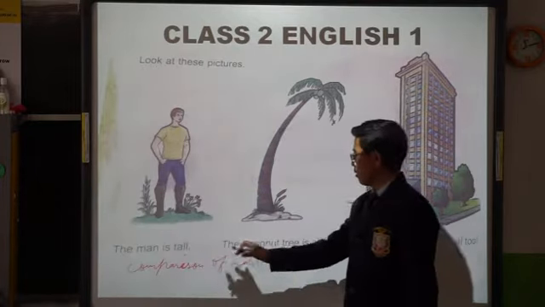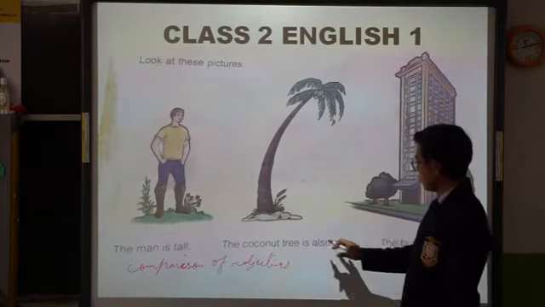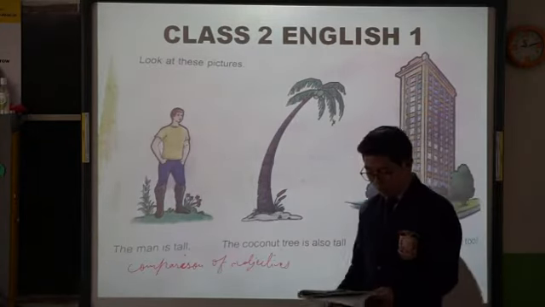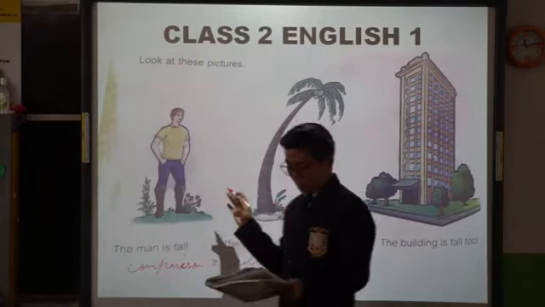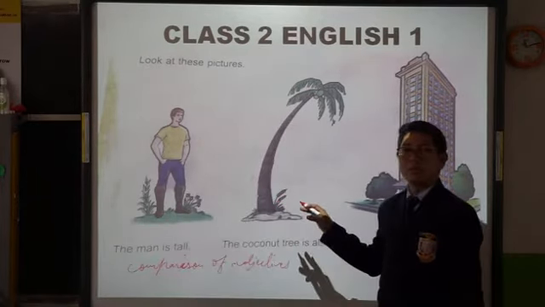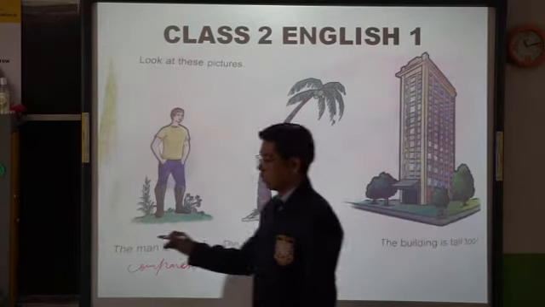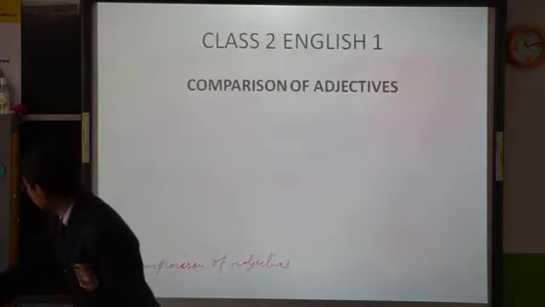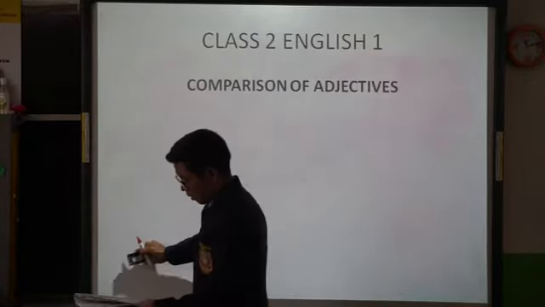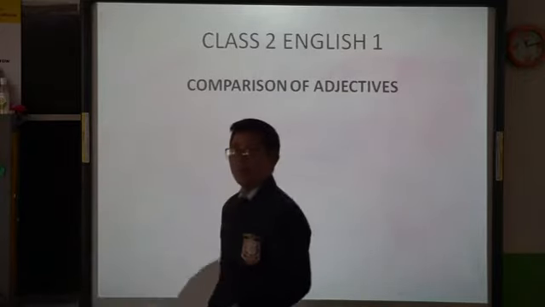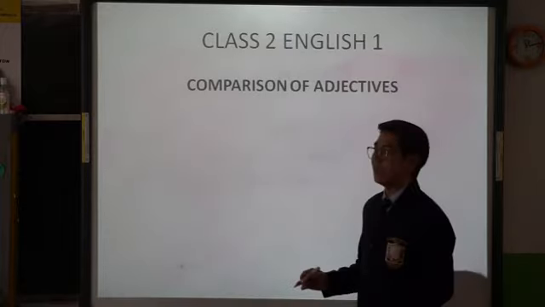The man is tall. The coconut tree is also tall. The building is tall too. So how do we show the comparison in this picture? We show the comparison by adding ER and EST.